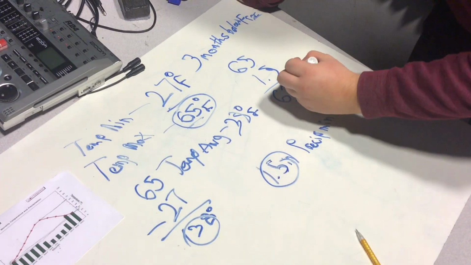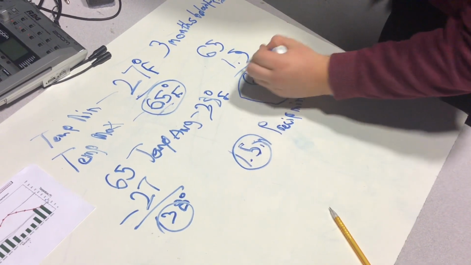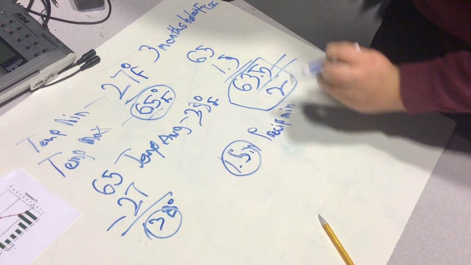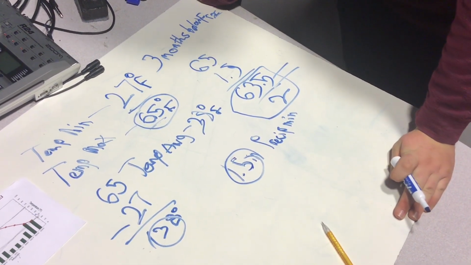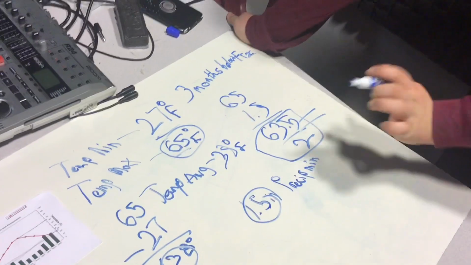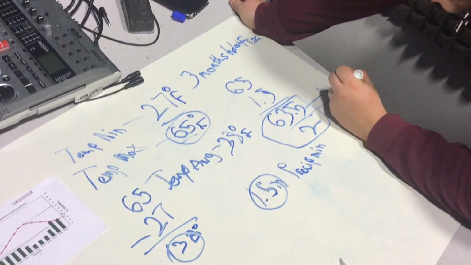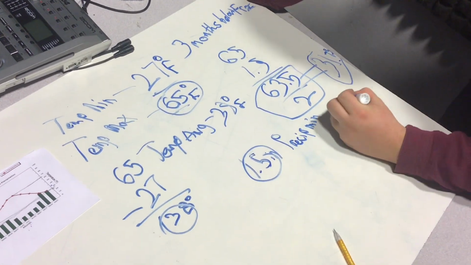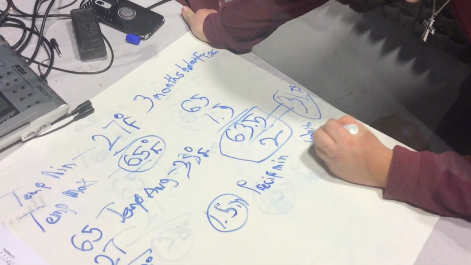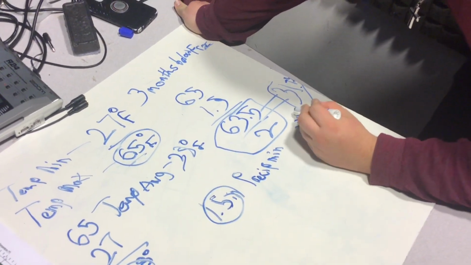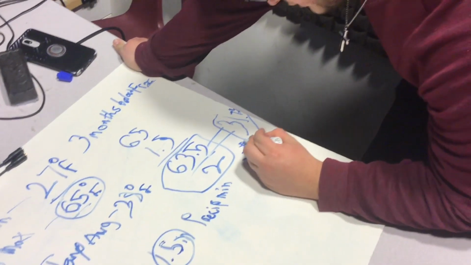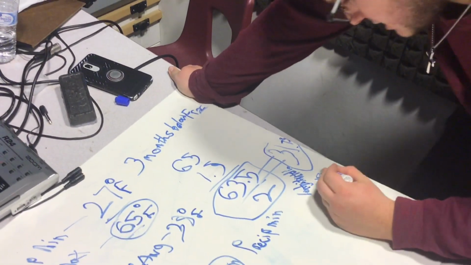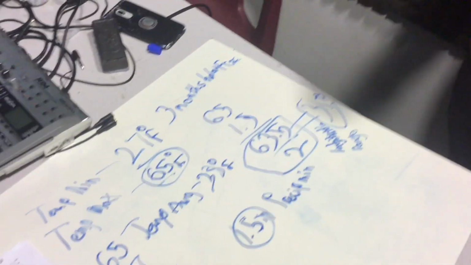What we have to do with this number is divide it by 2. Do you know what that one is? No. Okay, that number is 31.75. That is the latitudinal range, right there.